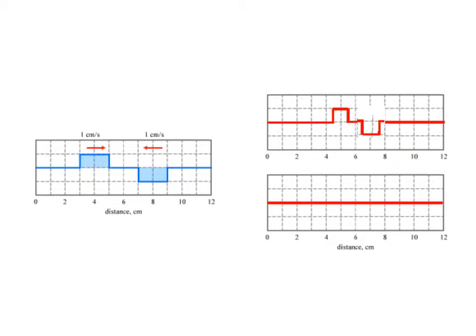Here we've got one positive waveform with one negative waveform. When the waves are half on top of each other, we're combining this part of the wavefront with this part of the wavefront.